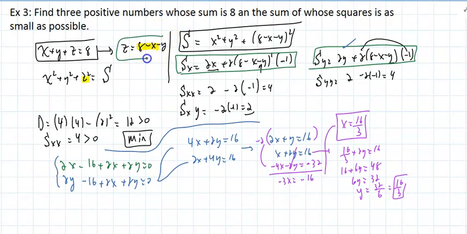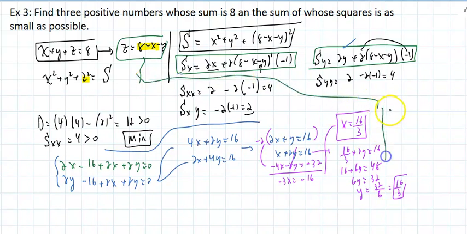Yeah, z is right there. I could say z is 8 minus 16 over 3 minus 16 over 3. Z is all over 3. That is 24 minus 32. Z will equal a negative 8 over 3.